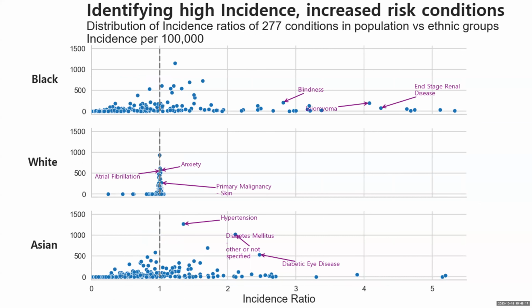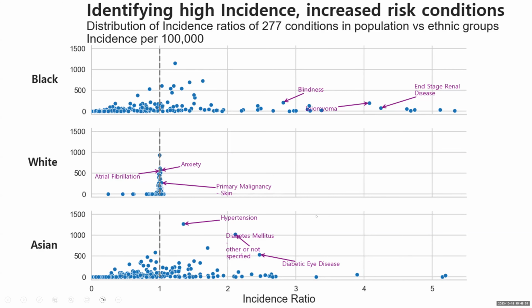And again, if we look at the Black population, we find that there are increased end-stage renal disease, increased leiomyomas, which are uterine fibroids, etc., compared to if we look at the Asian populations, we've got increased incidence of diabetes and diabetic eye disease, which in some ways are what we expect to see here, but also these signals help us to see what are those important conditions when we take everything together.